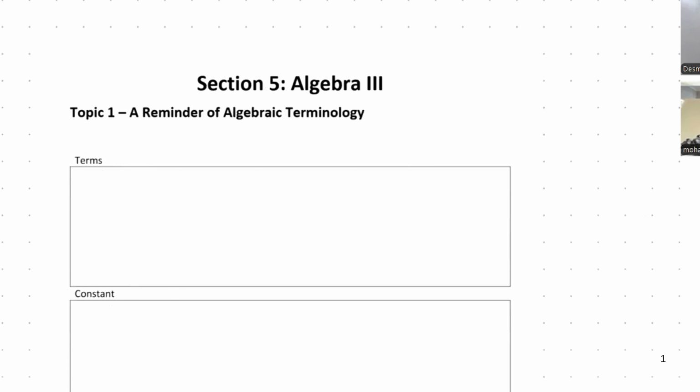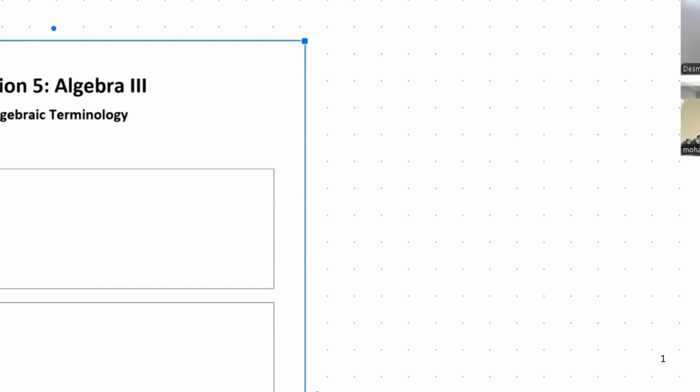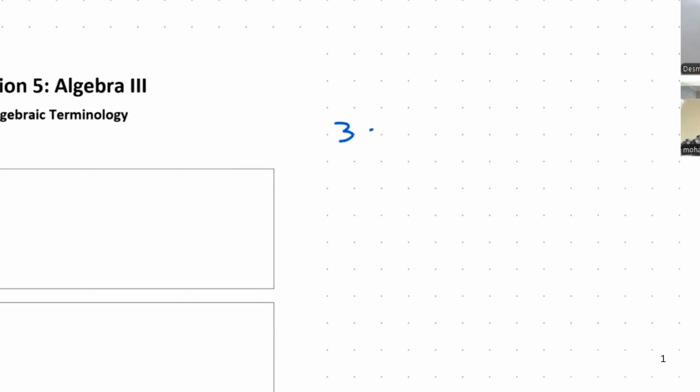Even though it is not stated here, what I'm referring to, Mohali, is that I want to write something: 3x squared minus 2x maybe plus a 4. I'm not talking about the constant this time. I'm not talking about the number of terms. I want to talk about the coefficient.